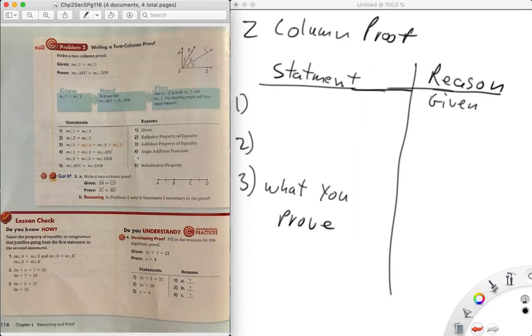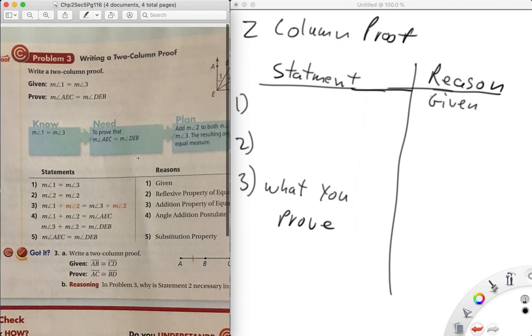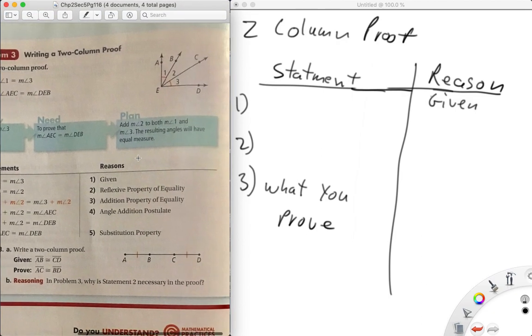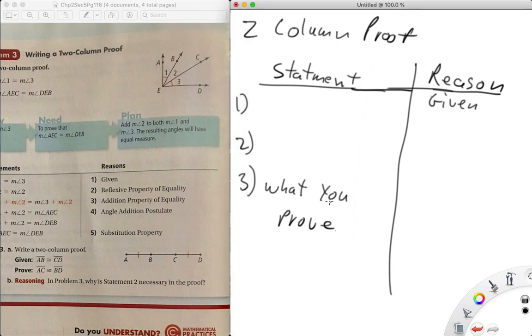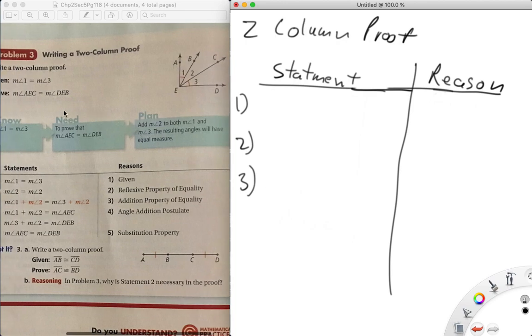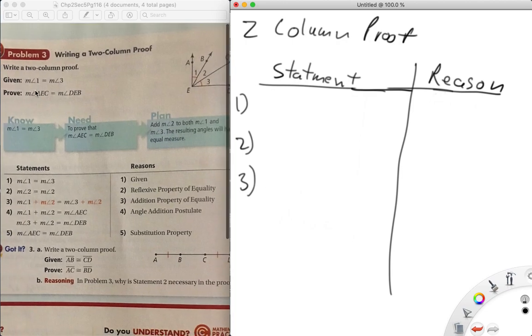All right, let's go through the first one here in the problem. So, we have this scenario over here. We have that the measure of angle 1 is equal to angle 3, and they want us to prove that AEC is equal to DEB.